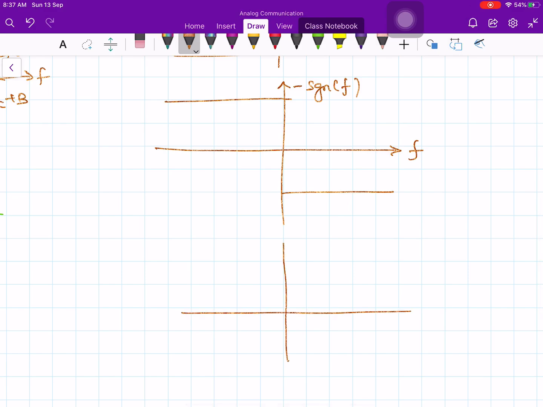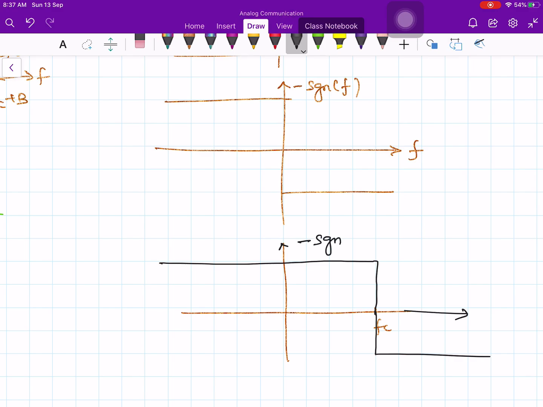Let us say this point is fc, then my signal, maybe I will use some other color, looks like this. This is minus signum of f minus fc.